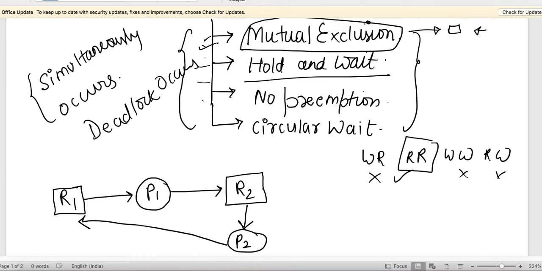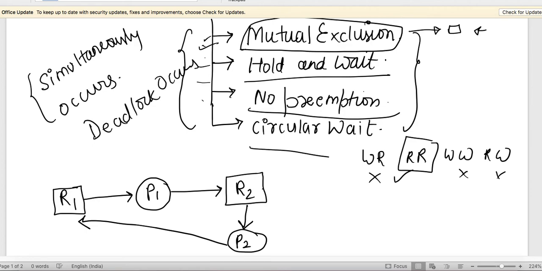That should not occur. It means if there is preemption, then there will be no deadlock. Why? Because see, P1 is holding R1 and waiting for R2. Let's say I preempt P1. Resource R1 will become free. It will be granted to P2 and deadlock will be resolved. Got it? So deadlock says that if there is no preemption, then there is a chance of deadlock.